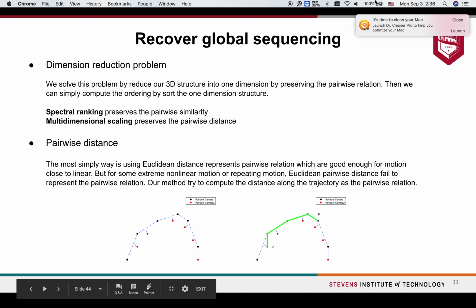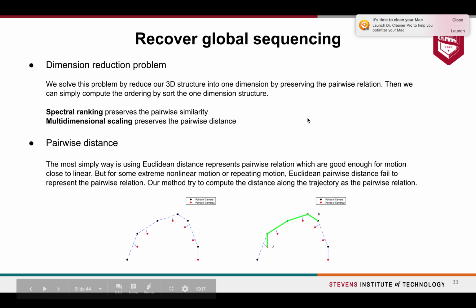Another method we are trying is to recover the global sequencing. We define this problem as a dimension reduction problem, which sees our 3D structure as high dimensional data, and we are trying to reduce it into one dimension and preserve the pairwise relation.